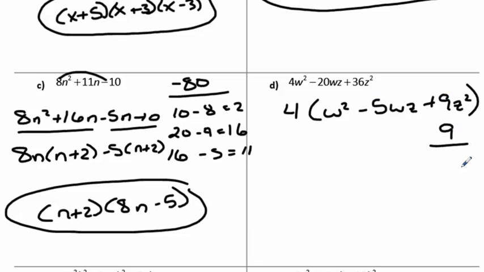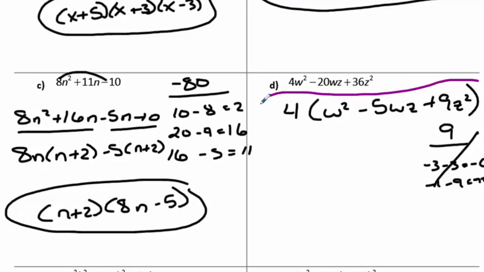I need two negatives to add up to negative 5. 9 could be negative 3 minus 3, which is negative 6. Or negative 1 minus 9 is negative 10. There's no other way to make a 9. None of these work, so it was fully factored by just taking the 4 out. So that's my final answer. I can't factor that further.